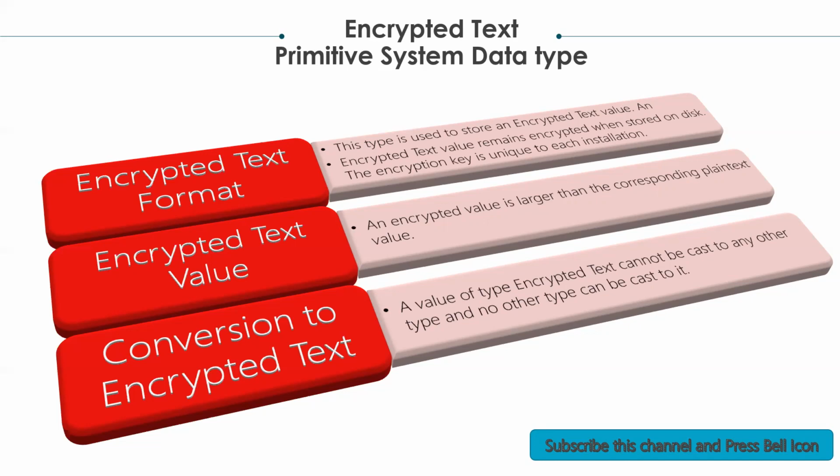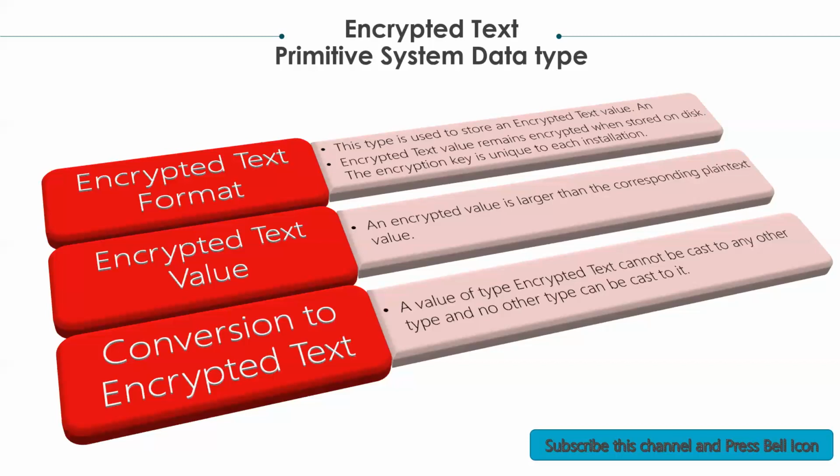An encrypted value is larger than the corresponding plain text value. Specifically, the value stored in memory or on disk will be the lowest multiple of 16 bytes that is greater than the size of the corresponding plain text value in bytes. The data type does not provide any additional access controls.